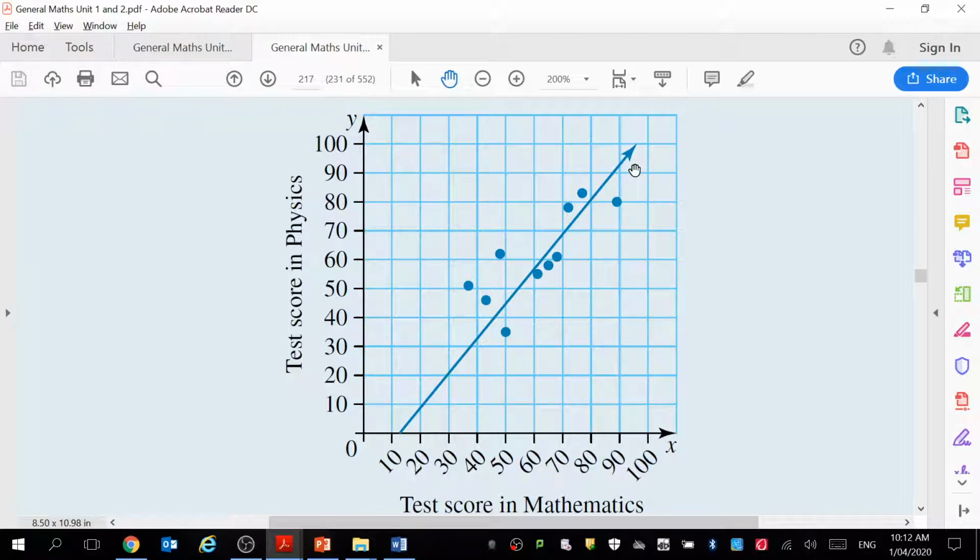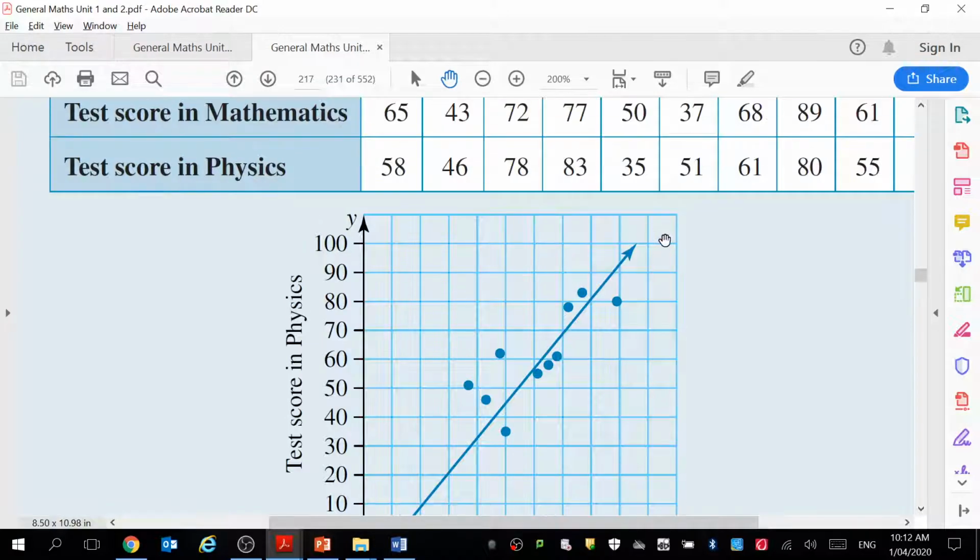That's an example of extrapolating your data. Because if we have a look, particularly at the maths scores, no one scored higher than 89, did they? So what we're doing is, just like extrapolate suggests, EX, we're exiting our data. We're extrapolating our data to make an estimate based on this line of best fit or regression line.